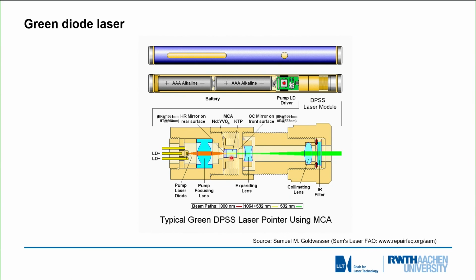Directly attached to it is the frequency converting crystal, the KTP crystal. And the resonator has to be imagined between here and here. So we have an intracavity frequency conversion system, which then is expanded, collimated to give us the laser pointer beam.